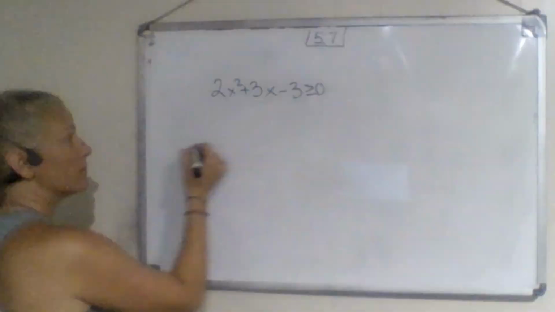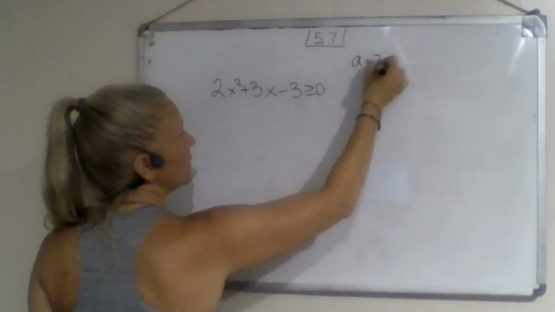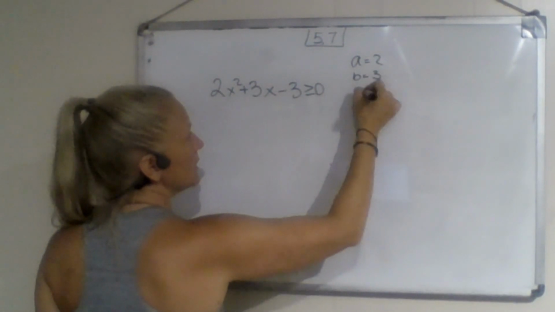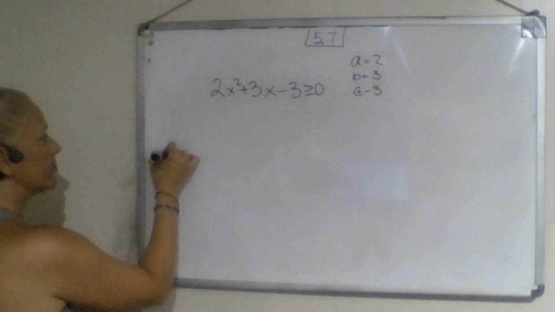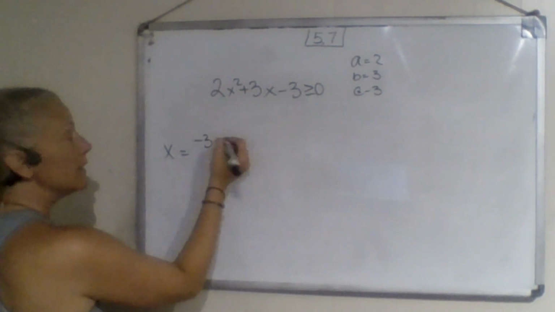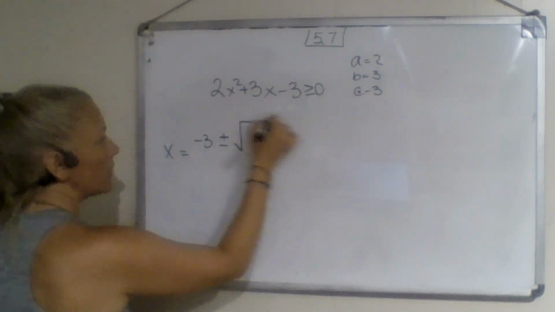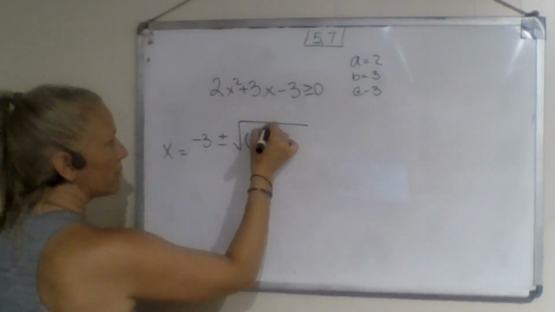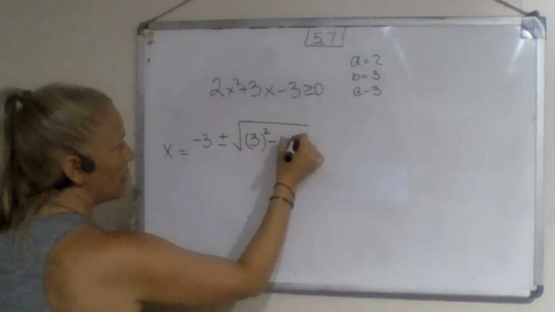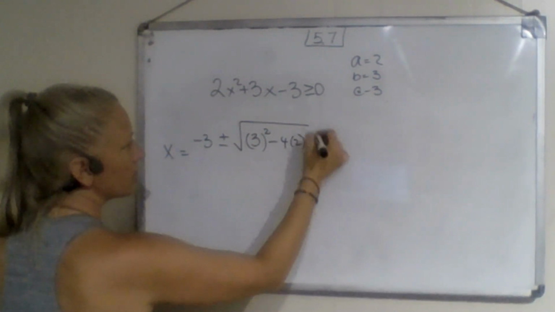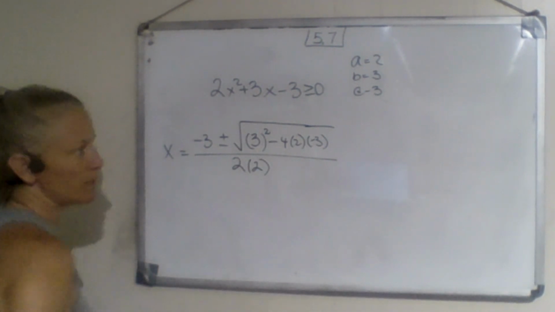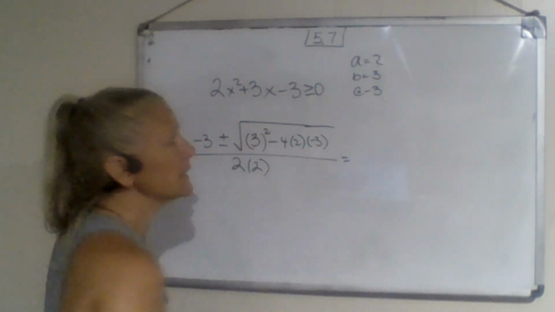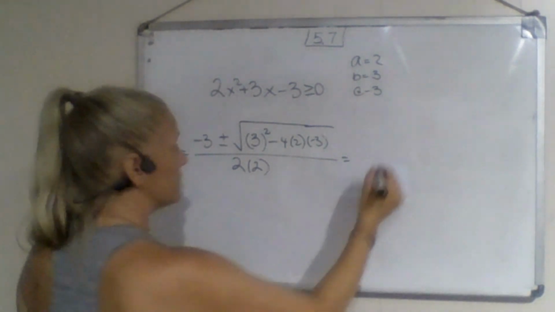This is where a equals 2, b equals 3, c equals negative 3. The quadratic formula comes in. X equals negative b, plus or minus the square root of b squared, 3 squared, minus 4 times 2 times negative 3, 4ac, all over 2 times 2, 2 times a. This is calculator work, you can do it. I'm going to move this fast.